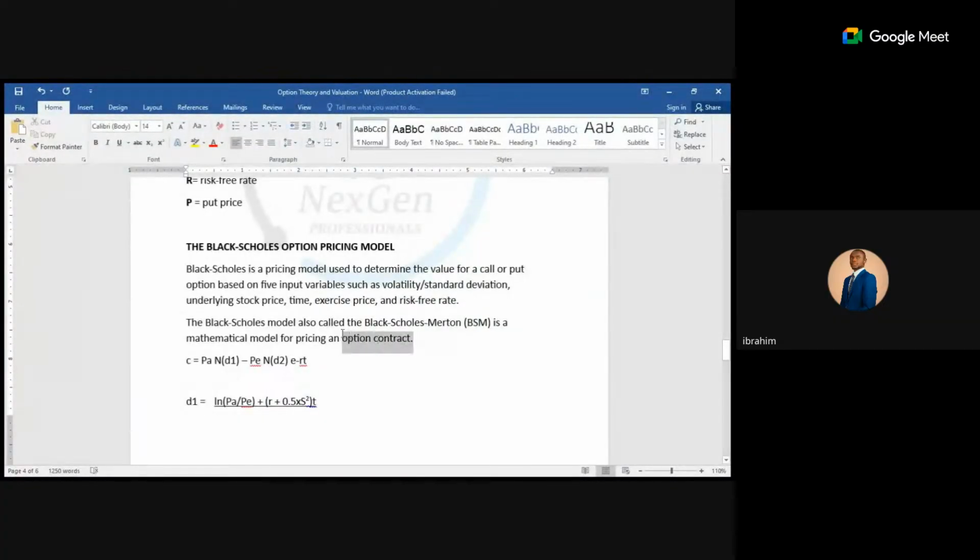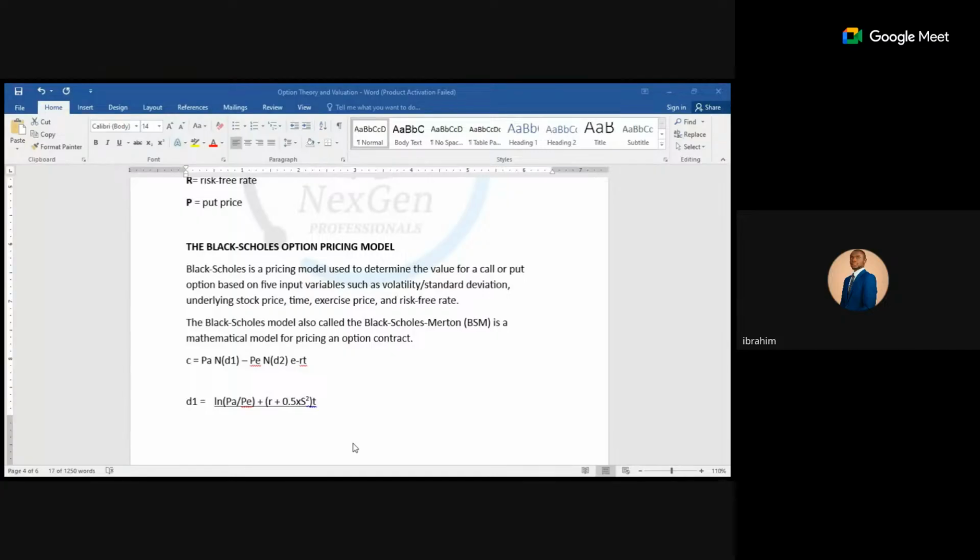So, class, we will use the Black-Scholes model to calculate the value of a call option and a put option.